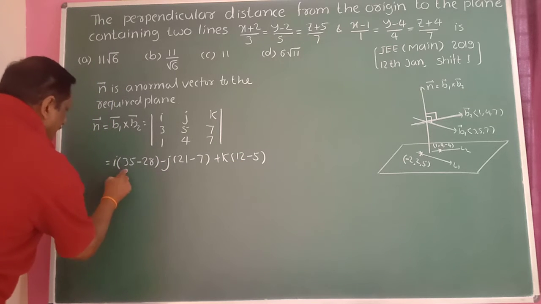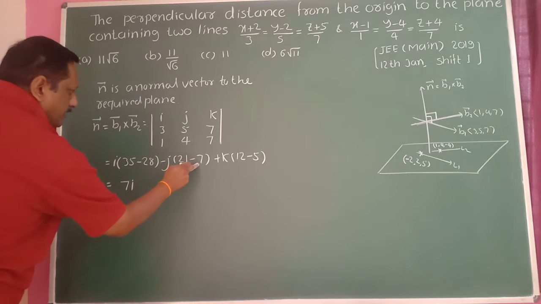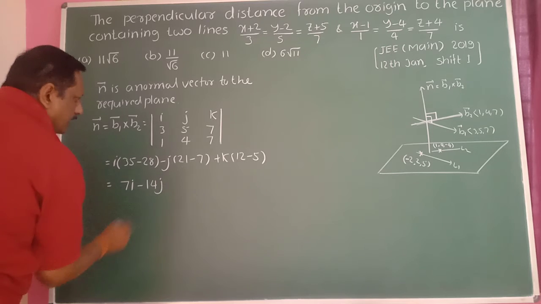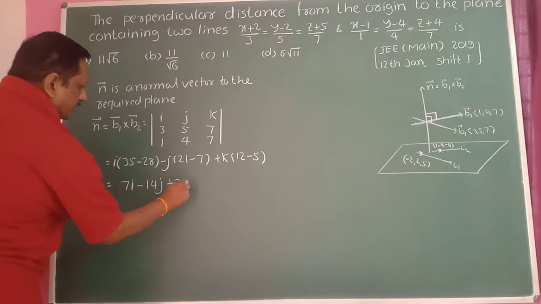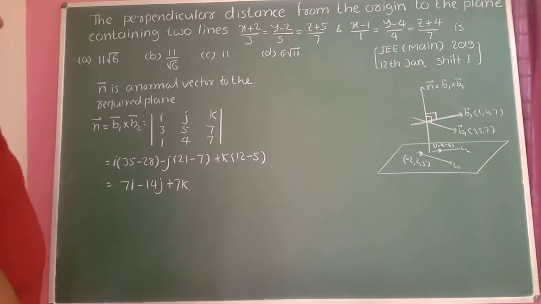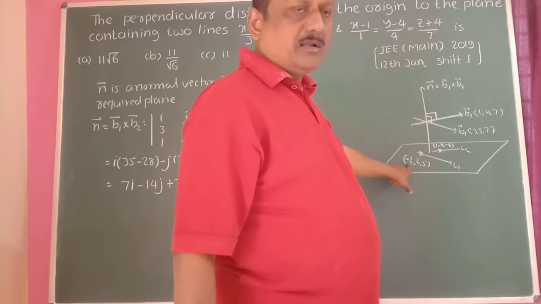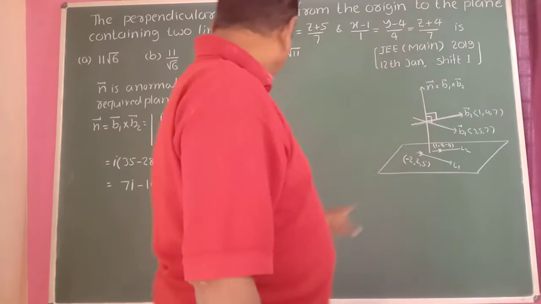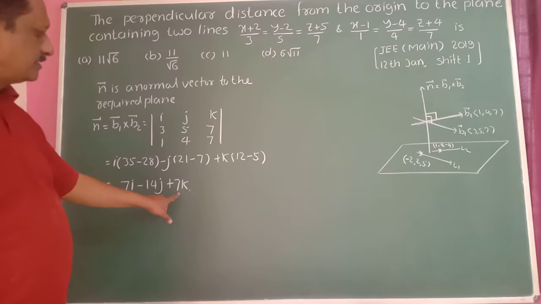So 35 minus 28 is 7i, 21 minus 7 is 14, minus 14j, then 12 minus 5 becomes 7, plus 7k. Therefore, this is a plane passing through the point (-2, 2, -5) and this is the normal, whose direction ratios are 7, -14 and 7.